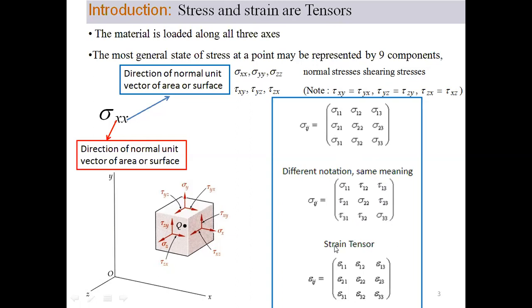Also, you could see here that this is the stress tensor. It would have 9 components, and we would try to find all these 9 components if we have loading in all 3 axes. If we have loading along 2 axes, then we would have fewer components.